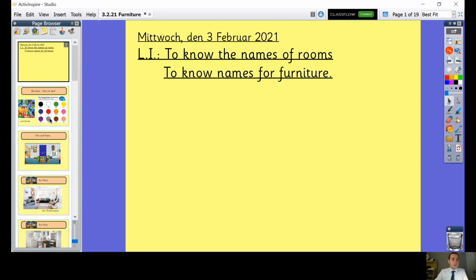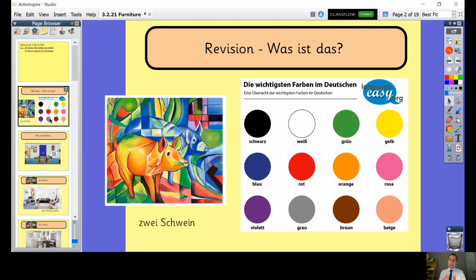But just before we begin, let's recap and look back for the last time at some of the work that you sent me in for das Bild, the picture, zwei Schweine. So 2 pigs, zwei Schweine. And we spent a long time looking at colours and also shapes. So these should be really familiar to you now. We've got die wichtigsten Farben in Deutschland, which are the most important colours in German.